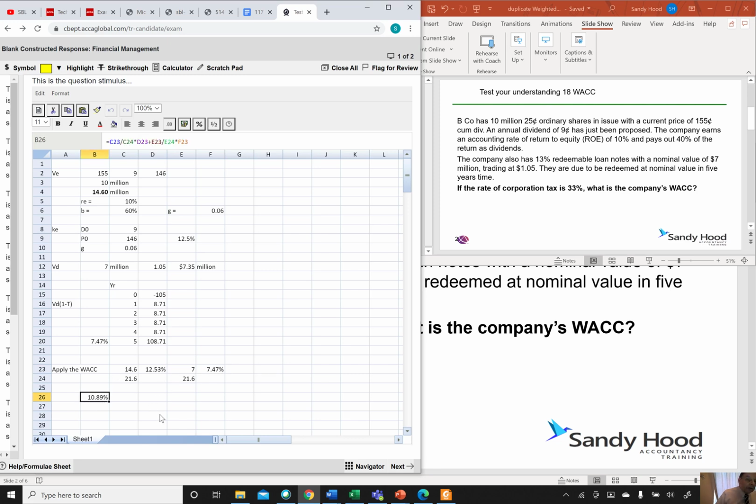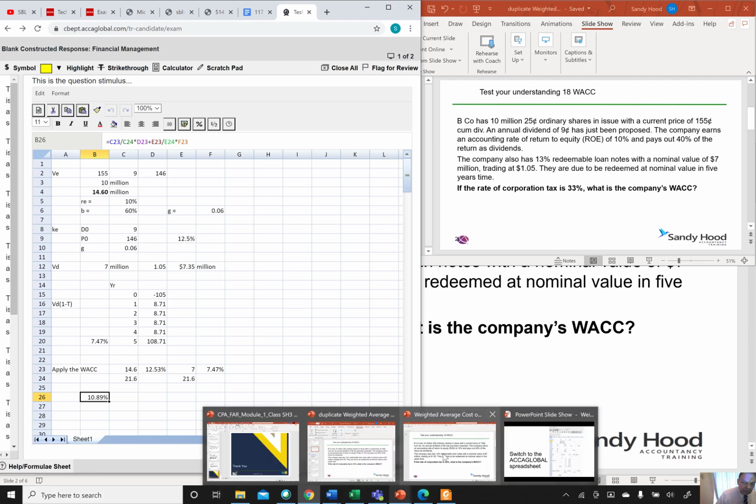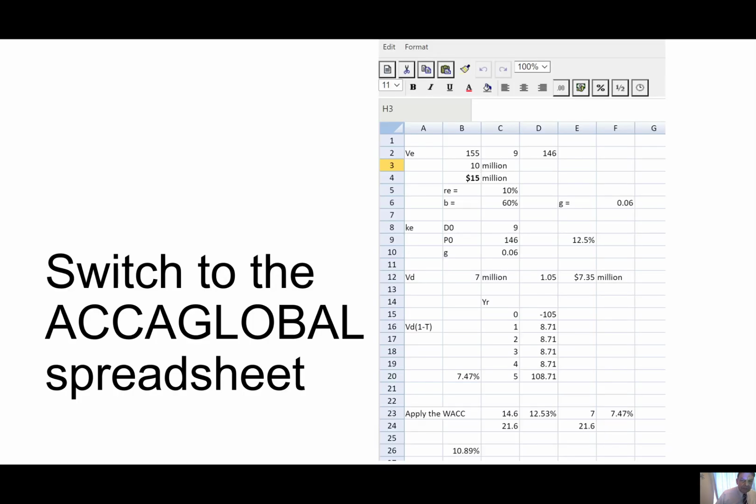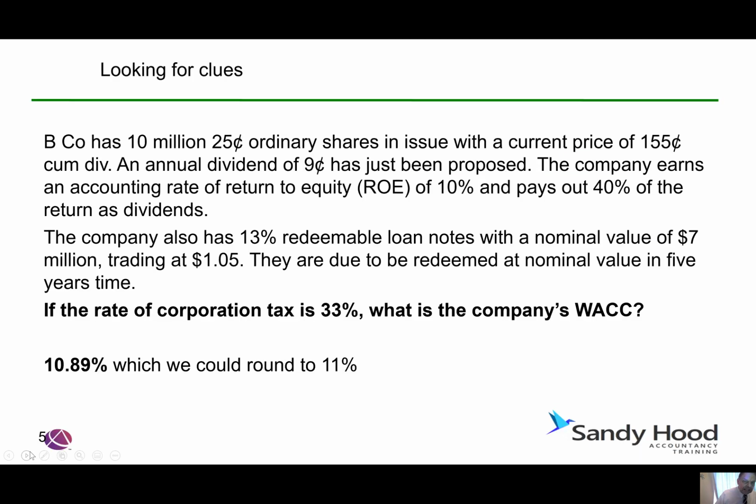Altogether that gives me a value of 10.89%. So I can go back now to my PowerPoint slides, and I can see that we've got a 10.89% return, which is the weighted average cost of capital. And if we were going to put this into a capital investment appraisal calculation, I would recommend that you round it off to 11% just to make it a little bit easier.